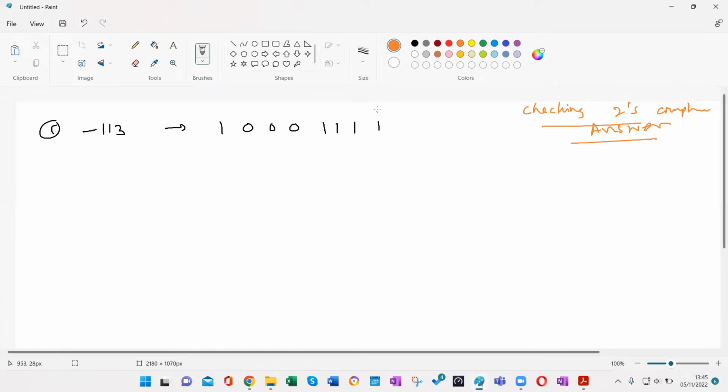So first write the positional values. So this is 1 2 4 8 16 32 64 128. Okay, right, make sure that you also do it.